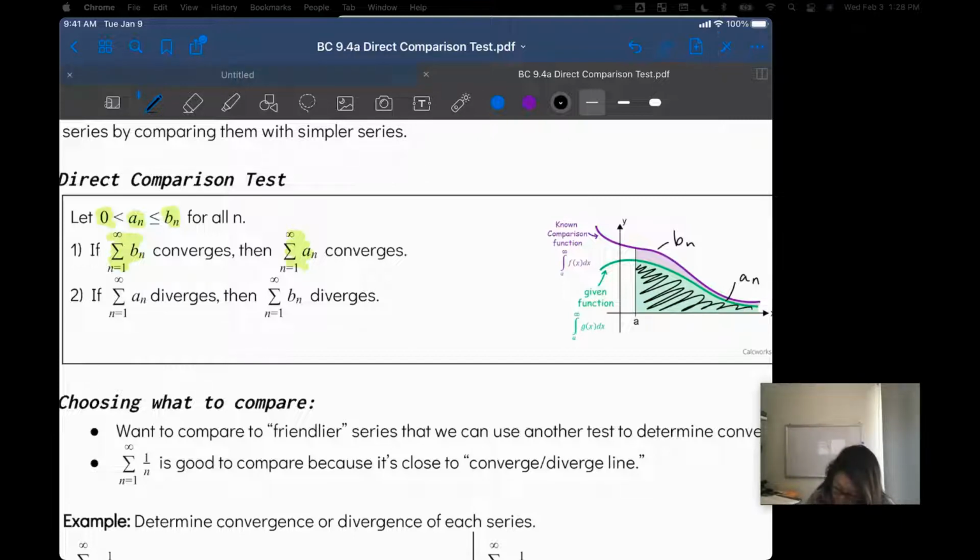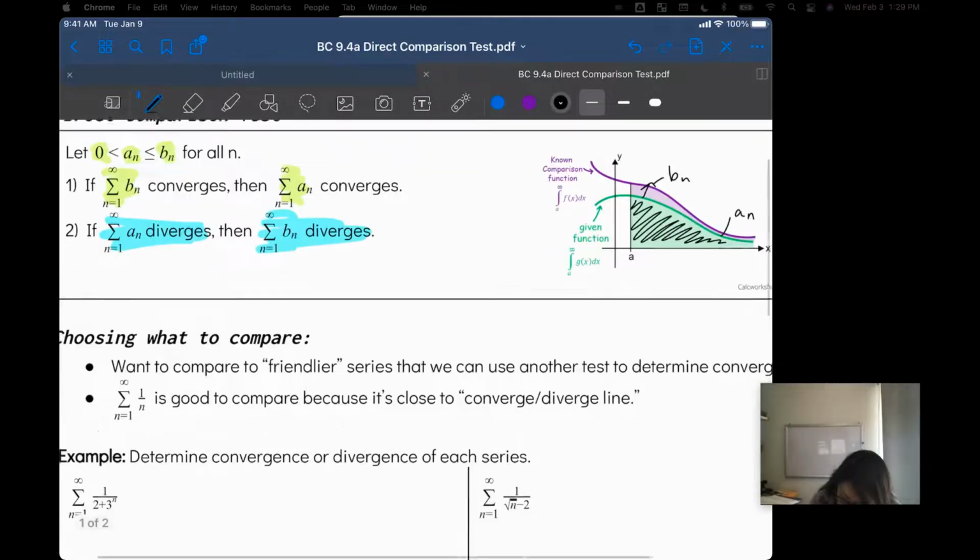All right, so let's look at the next situation. If a sub n, the smaller series, diverges, then we know that the larger series will also diverge. If the smaller series diverges, then anything larger than it will also diverge.